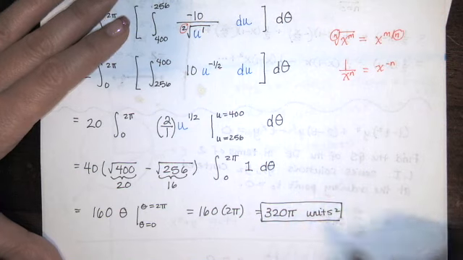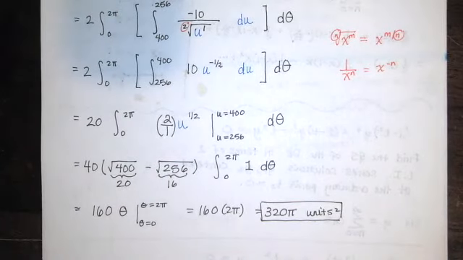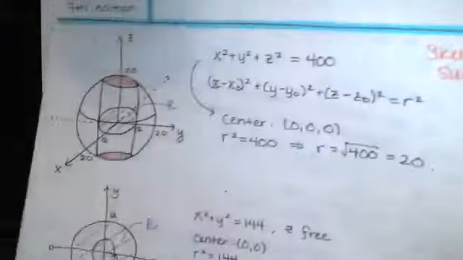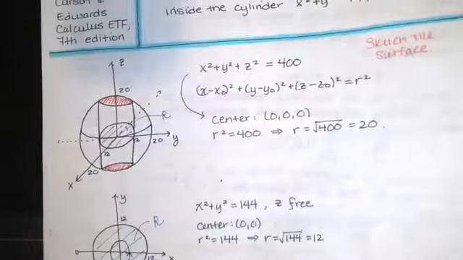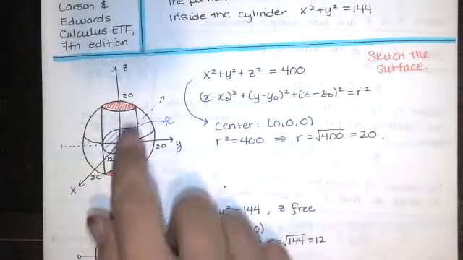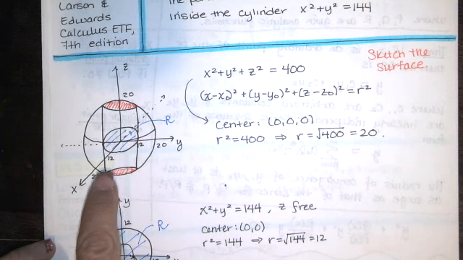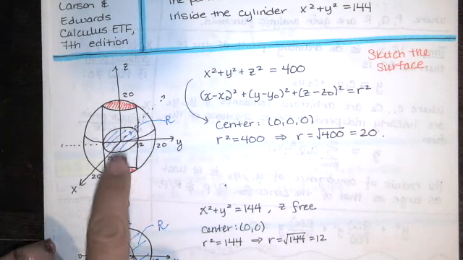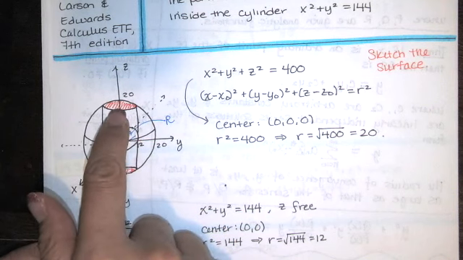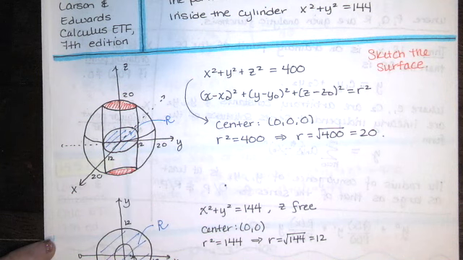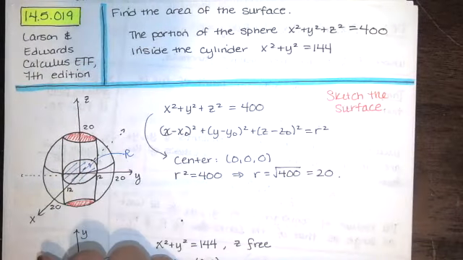And if you're saying to yourself, what kind of units? Well, the same units that the x and y variables are measured in. That's the kind of units that we're dealing with here. So 320 pi units squared, that's the area of this piece plus this piece. So I guess this is 160 pi units squared, and that's 160 pi to get us the 320.